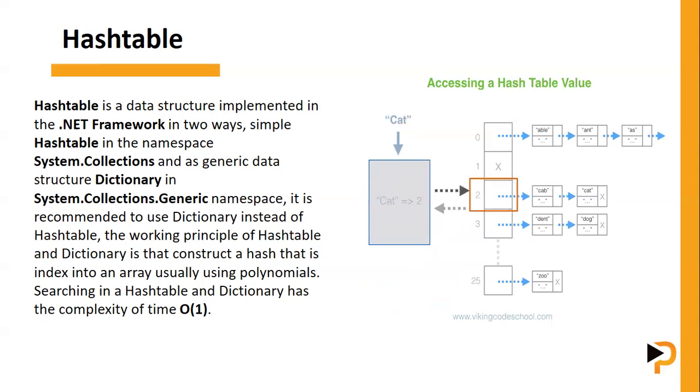So when you want to store or look up a value, the hash function is used to determine which location of the hash table the value should be stored in or looked up from. In this way, the hashing technique or hash table works.